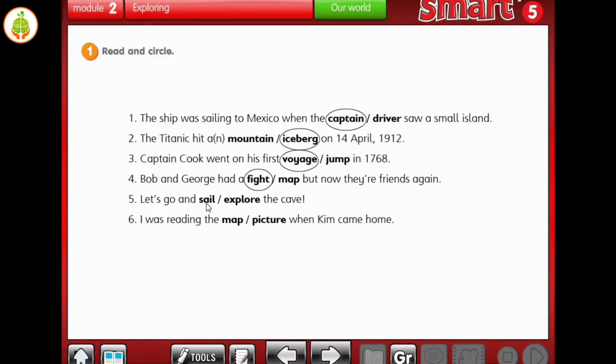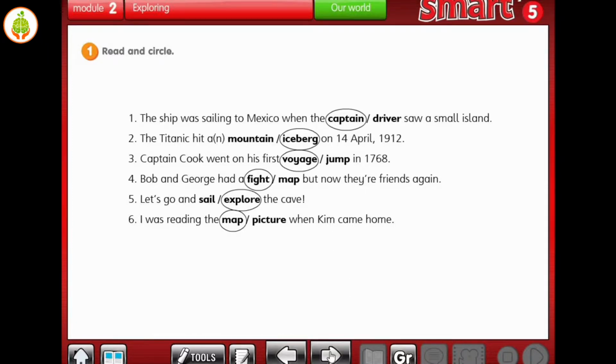Number 5. Let's go and sail or explore the cave. Explore, of course. Number 6. I was reading the map or picture when Kim came home. Can we read a picture? No, we can't. I was reading a map. Very good. Good job. Please write it down in your book.